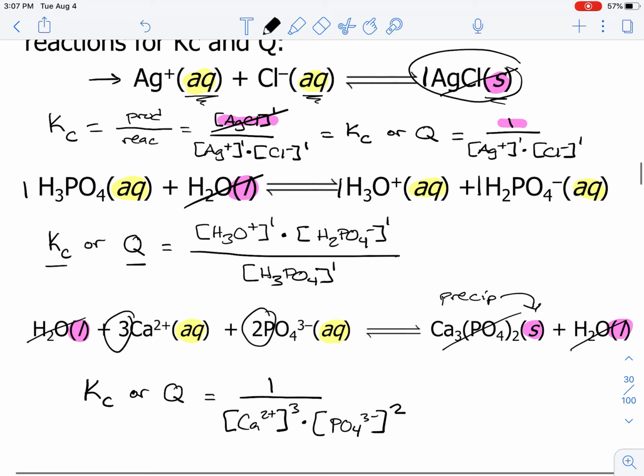And so everything else is excluded, and that's how you guys write the mass action expression for heterogeneous equilibria.